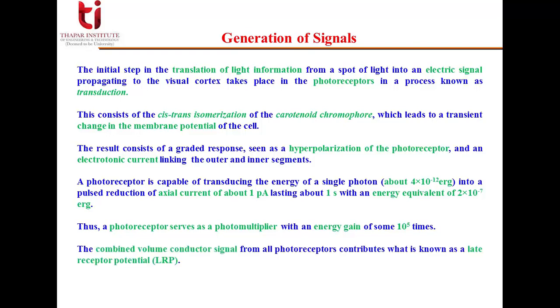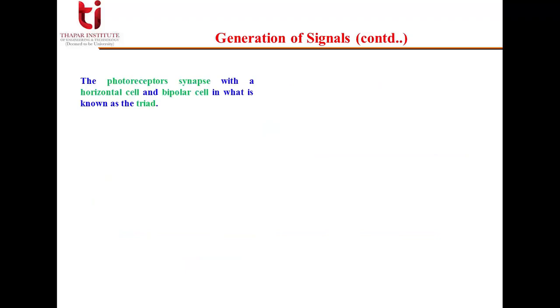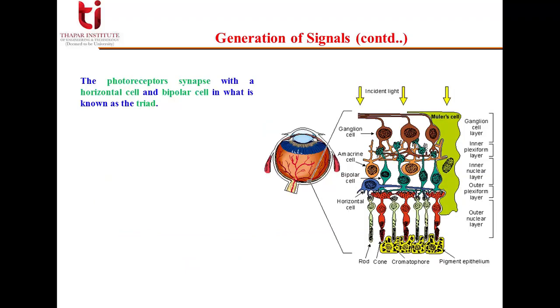The combined volume conductor signal from all photoreceptors contributes what is known as the late receptor potential, commonly referred to as LRP.